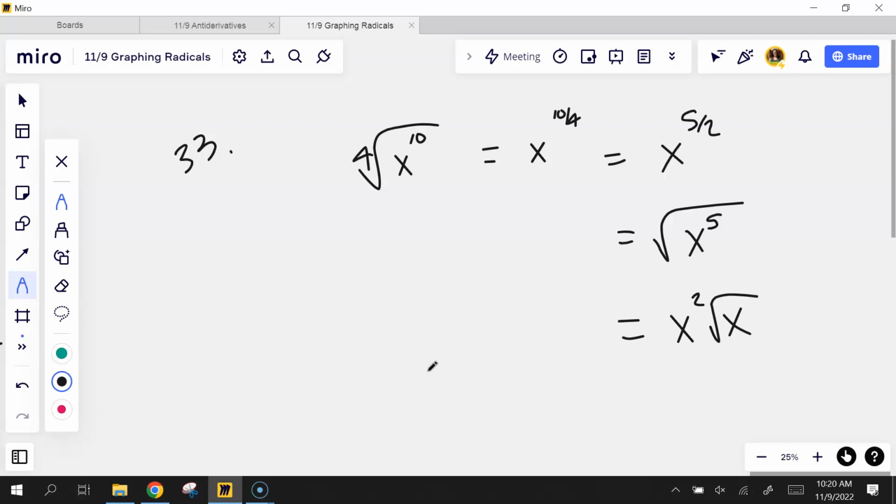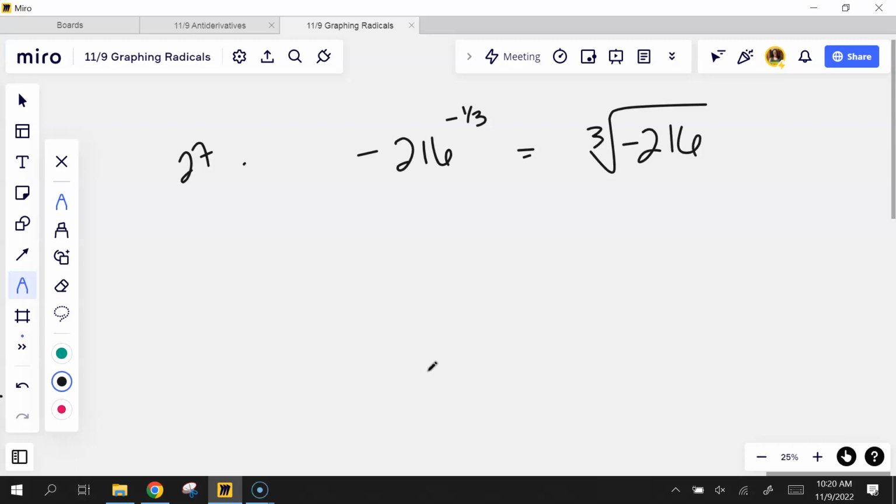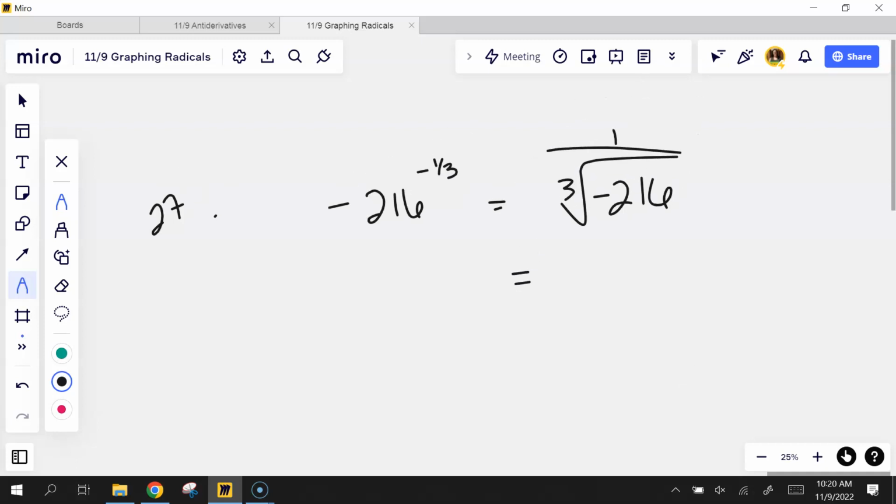Are you confused? 27? Give me the problem. This is cube root of Dozier. Sorry, it just flips it. That's all it does.